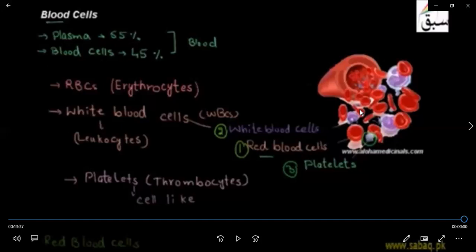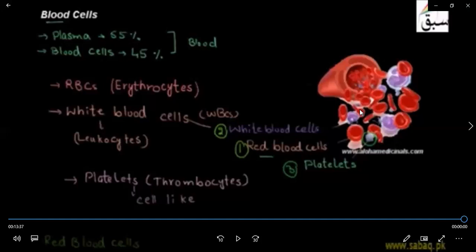Now, where are these cells formed? These cells are formed in the bone marrow. When the human or the mammal or an animal is in the fetal or the embryonic stage, these cells are formed in the liver or spleen. When the mammal becomes an adult, the bones are defined. They have a bone marrow inside their bones.